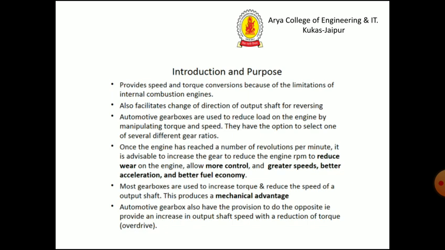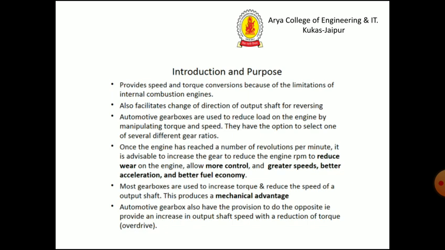Once the engine has reached a certain number of revolutions per minute, it is advisable to increase the gear to reduce the engine RPM, to reduce wear on the engine and allow more control, greater speed, better acceleration and better fuel economy.